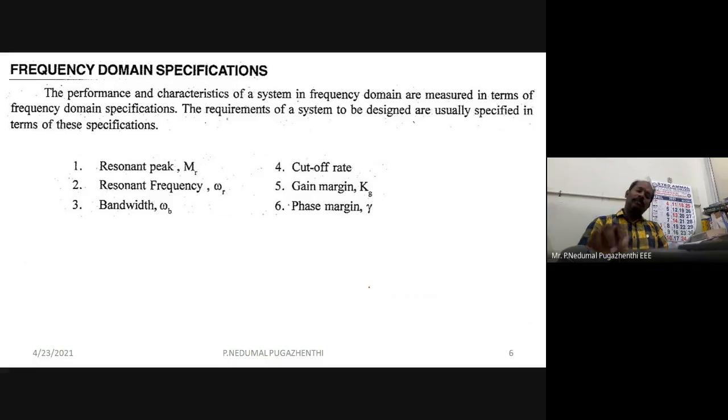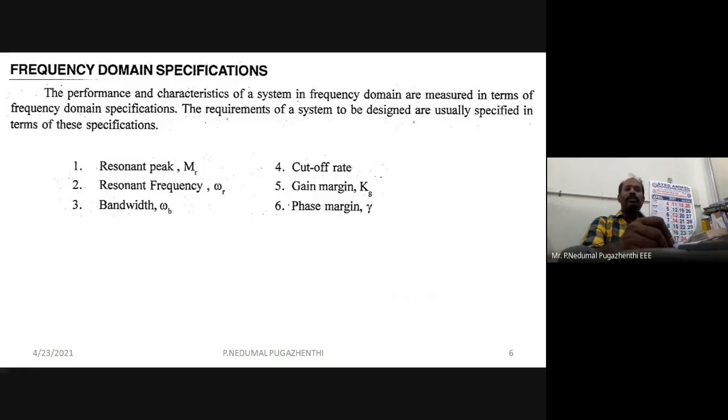So what are the frequency domain specifications? We are going to discuss them. The first one is resonant peak. This is similar to the maximum peak overshoot. The frequency at which the resonant peak occurs is called the resonant frequency. We will see the definition separately. The third one is the bandwidth, the range of frequency within which the system provides a better response. Then cutoff rate.